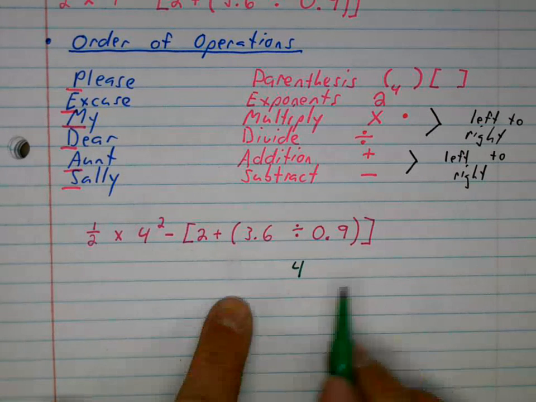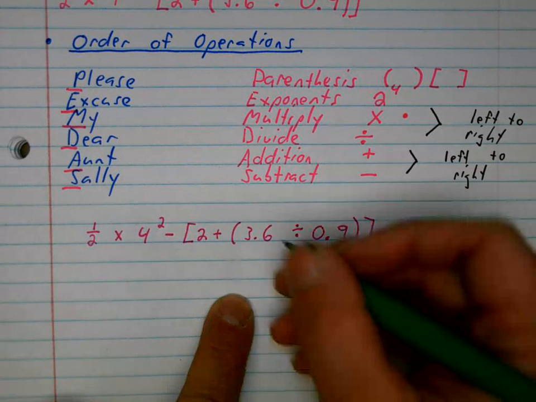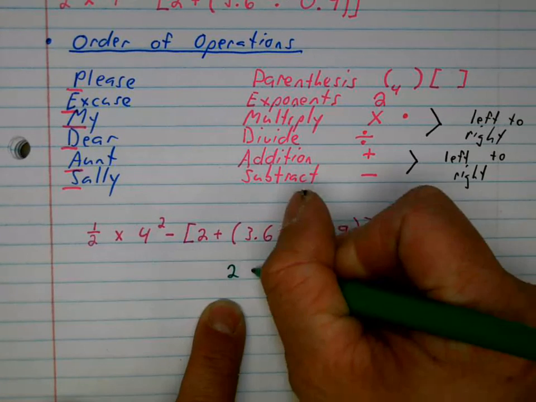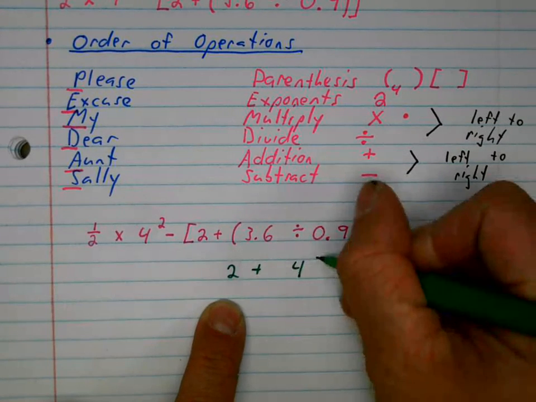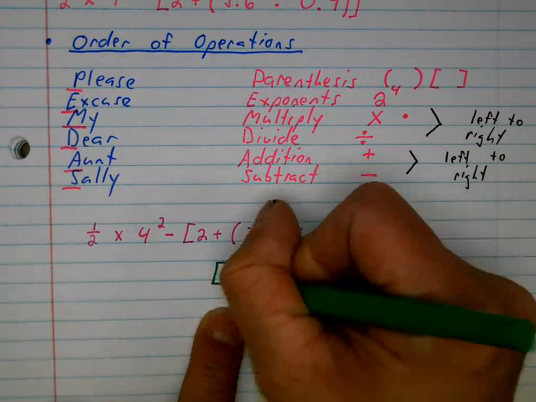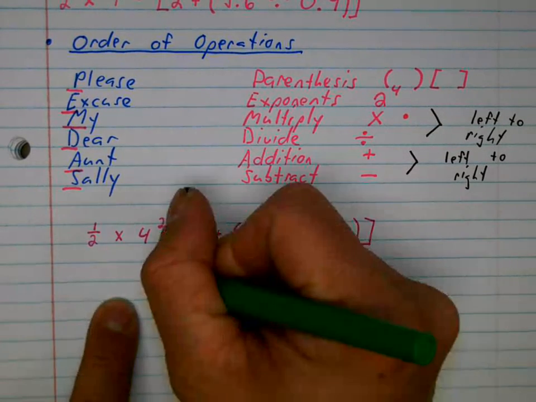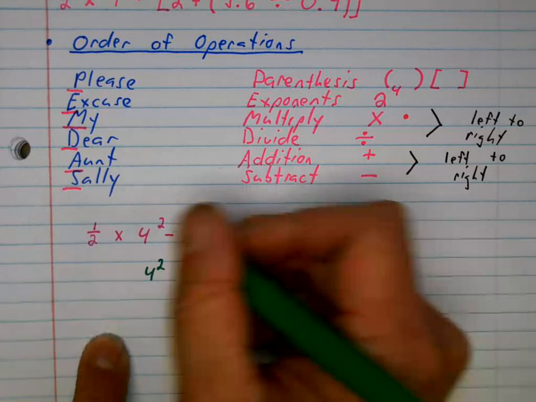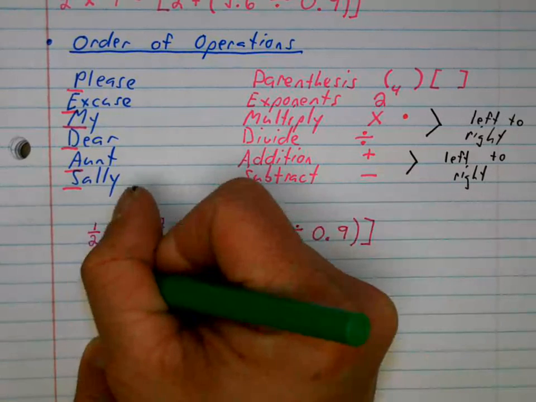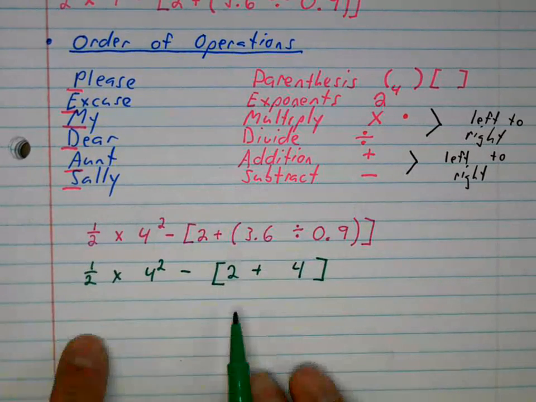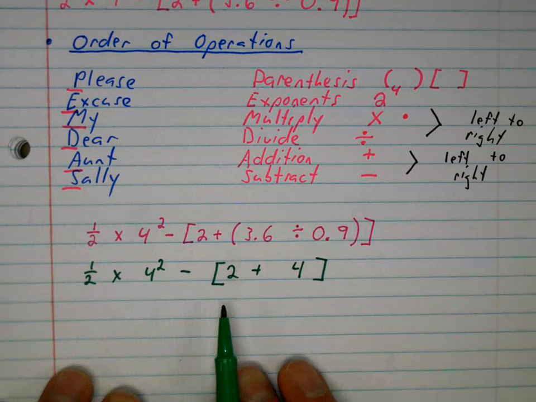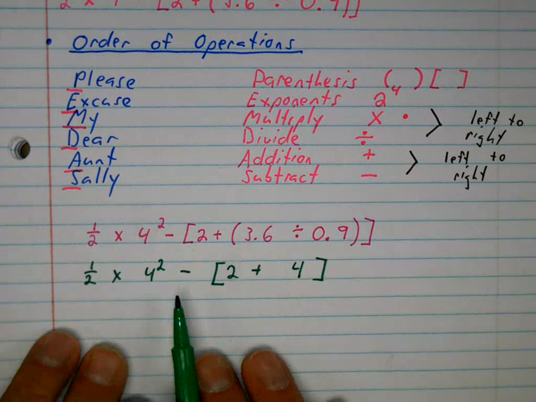Now I'm going to rewrite the rest of the problem. So I'll write 2 plus, put my brackets back in here. You can see I'm kind of writing this backwards. Then the minus sign, then the 4 to the second times 1/2. I like writing it backwards like this just because it keeps my spacing pretty good.